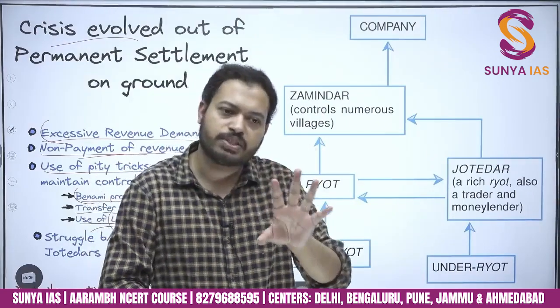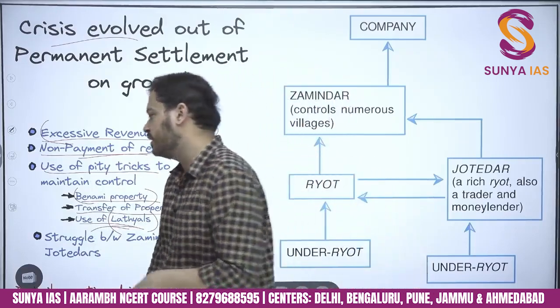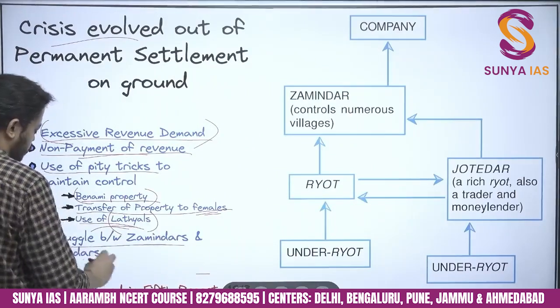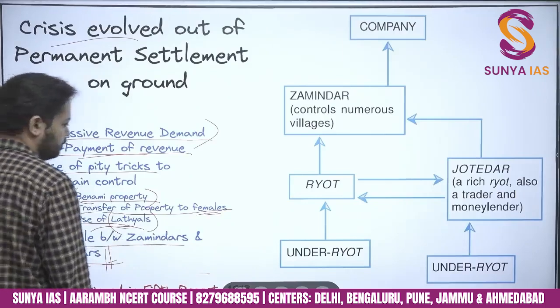So that system, small petty tricks, are still the same in the 21st century which were there in the 18th century. Then struggle between the zamindars and jotedars. Now what is a jotedar? So understand now again.